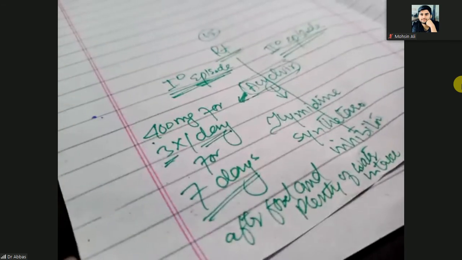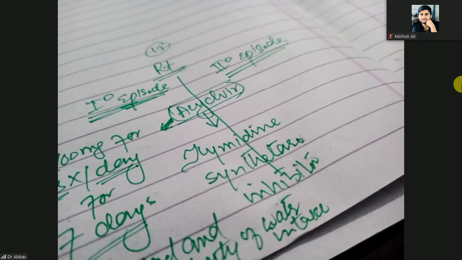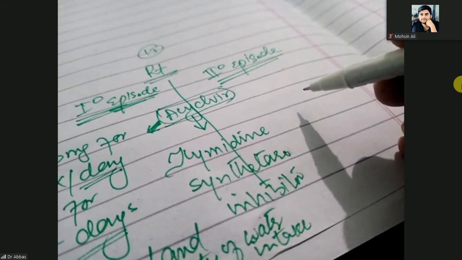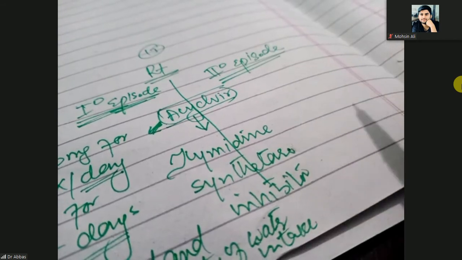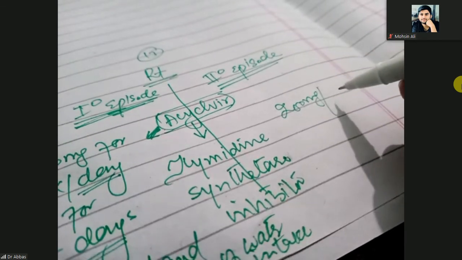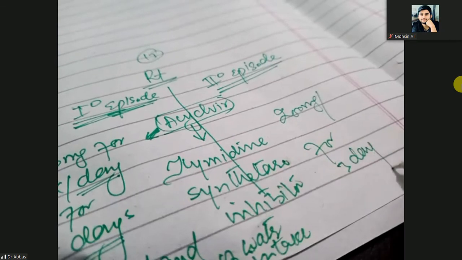But in the secondary episodes, how much should be given? You can give 200 milligrams for a period of 3 days, okay, not for 7 days. Here you will change to 200 milligrams for a total duration of 3 days.